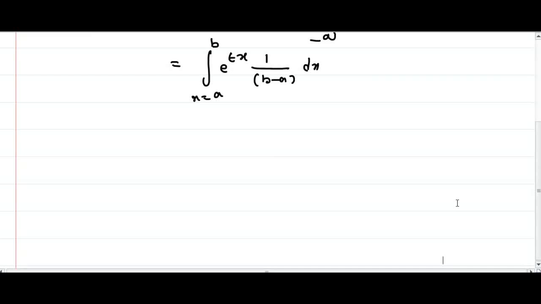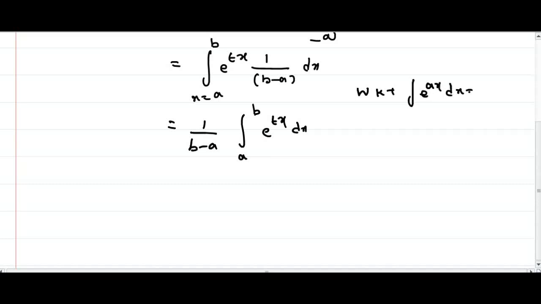a to b. Here 1 by b minus a is a constant, and x is the variable, so we take 1 by b minus a outside the integral and get 1 by b minus a into the integral from a to b of e power t x into dx. We know that the integration of e power ax dx equal to e power ax by a plus some constant c. Here the value of a is t.